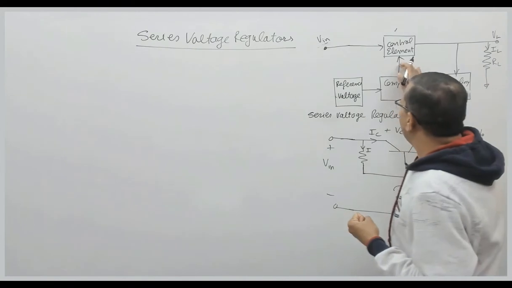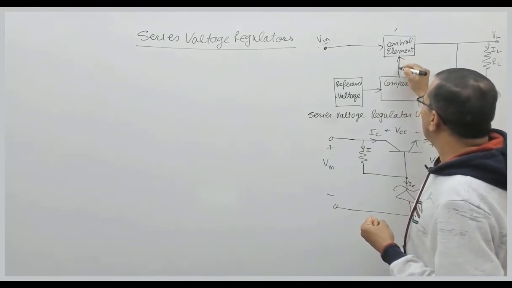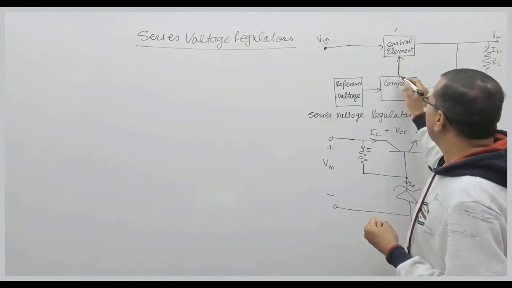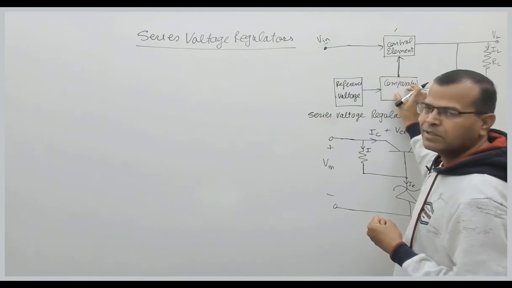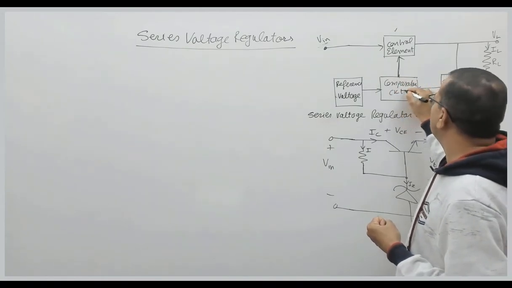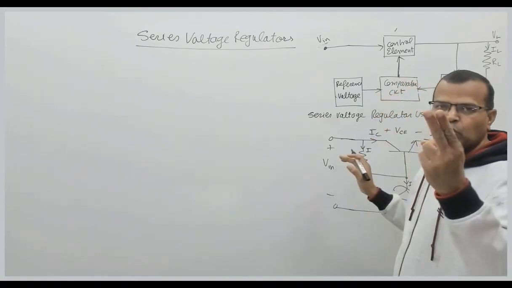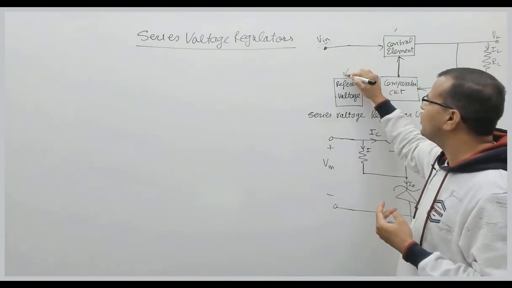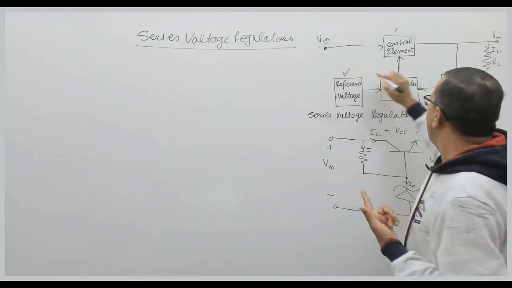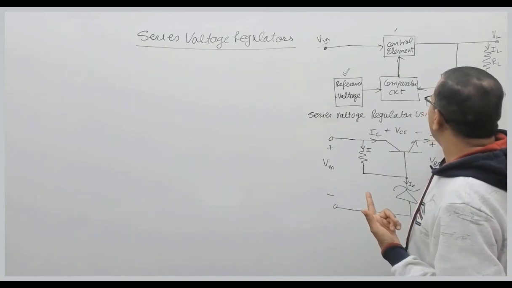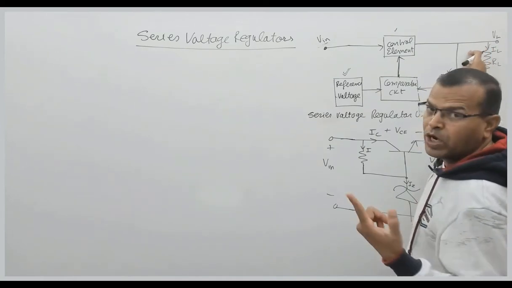This control element is given a control signal which comes from the comparator circuit. The comparator circuit compares two voltages. One is the reference voltage, which is the required output, and second is a sample taken from the actual output voltage.